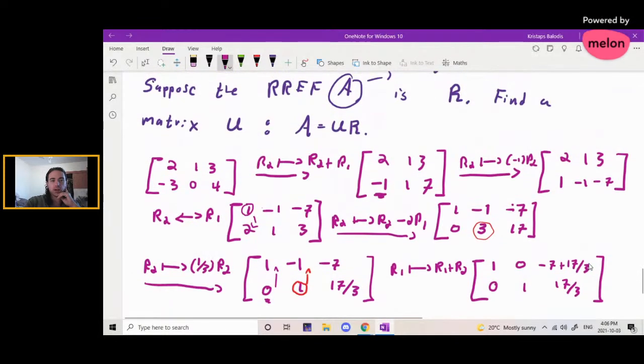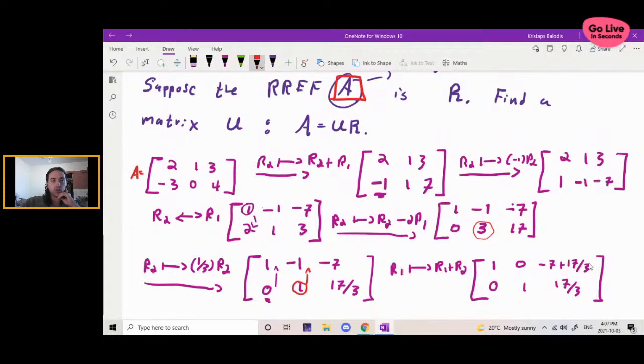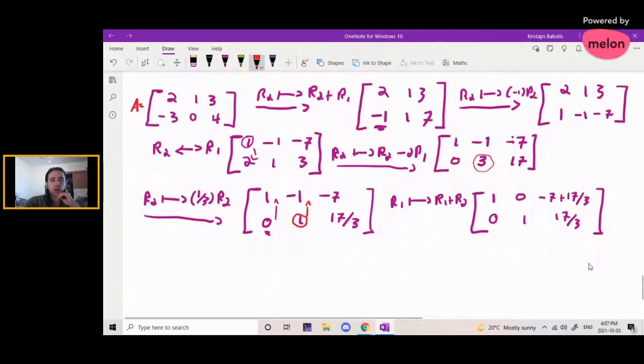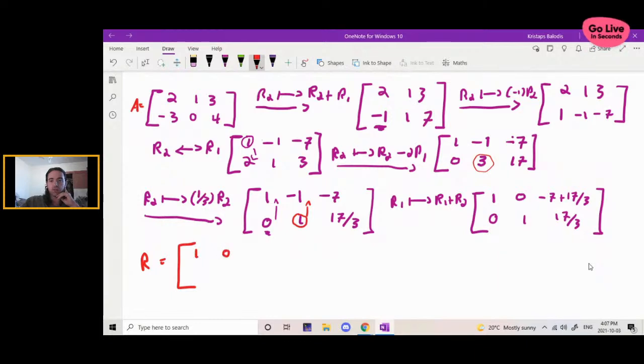So scrolling back up to the beginning of our problem here, our A in this case is the matrix that we started with. And now our R is going to be this matrix. So I'm just going to simplify it a bit, right?